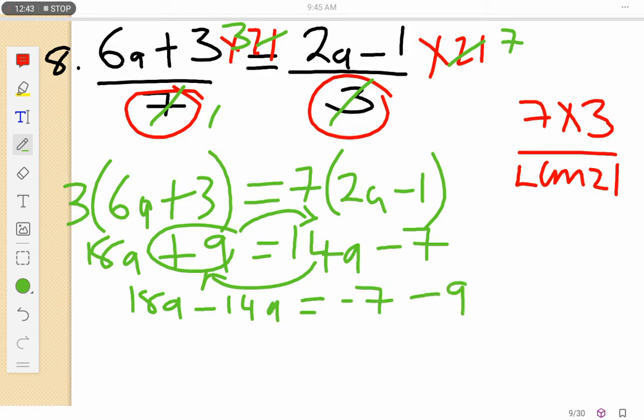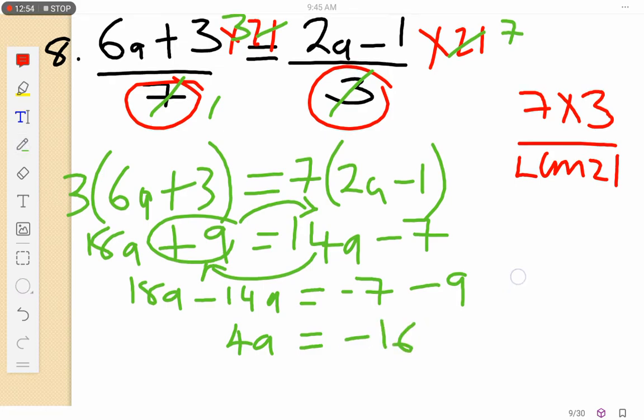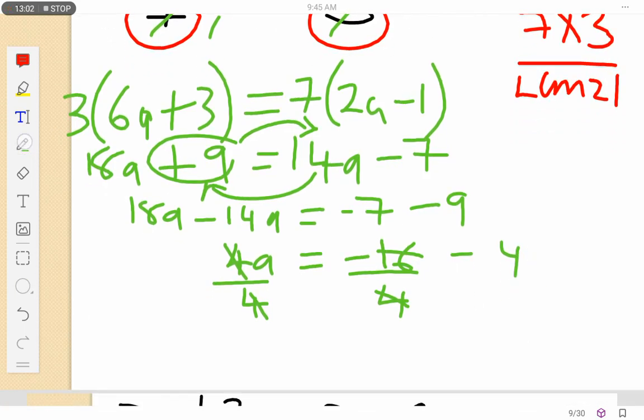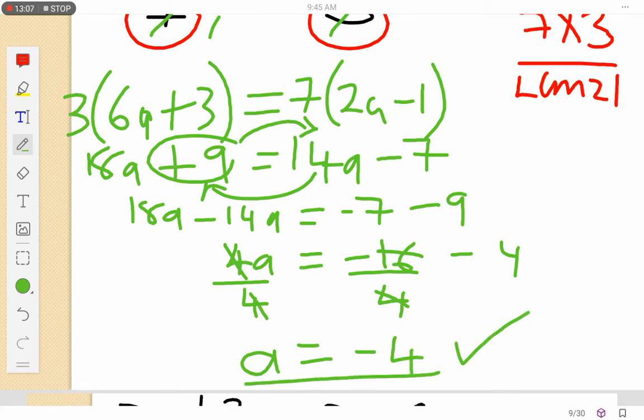Okay, so 18a minus 14a, I will have 4a is equal to minus 7 minus 9, I get minus 16. Divided by 4 on both sides, I'll get my a as minus 4. Okay, so our a value there is equal to minus 4. That's how we get this answer there.